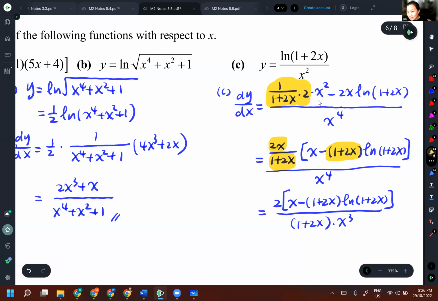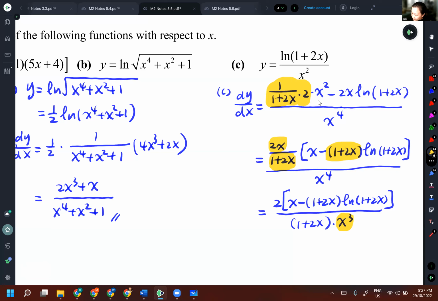You learn this technique, it will help you. So if you do that, then you will quickly simplify x and x to the power 4, leaving x cubed in the denominator. And then I think it's simplified.